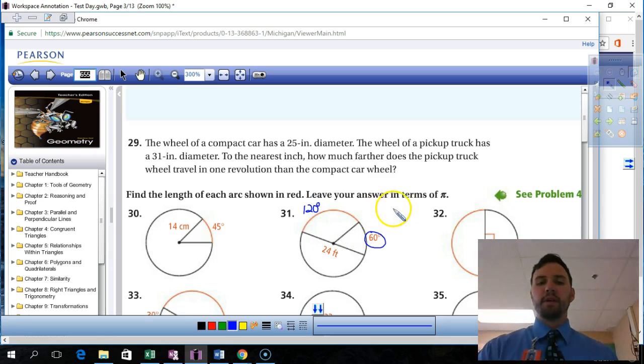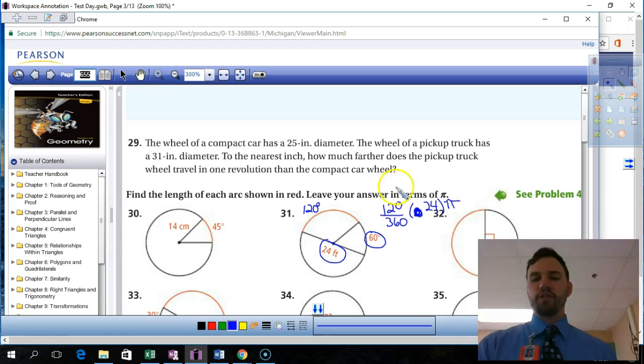Now we can use our formula, which is degrees over 360 times the formula for circumference, which is 2 pi r, or pi times diameter. This one they give us diameter, so I'm going to do 24 pi. Now, some fancy reducing here.